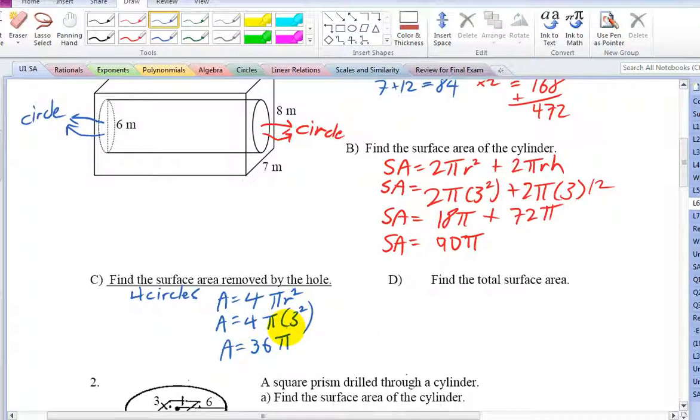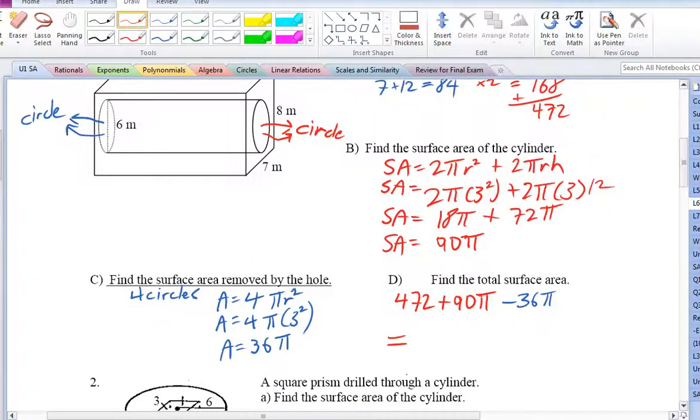So for the total surface area, you have 472 plus 90 pi, but then you have to subtract what was removed, 36 pi. Now, since we have 2 different shapes, not just cylinders, let's go to a decimal. This is the only step you should be using a calculator for, right? The other stuff wasn't necessarily a calculator. Sure, it helped you out a bit if you really wanted to. But go ahead, use your calculator, get me a decimal answer.